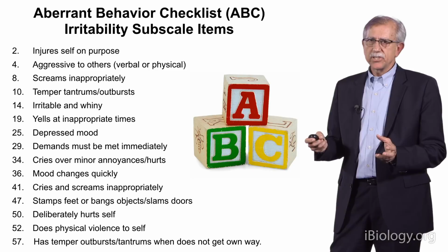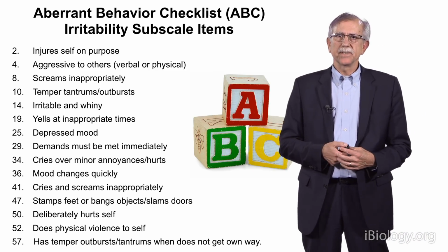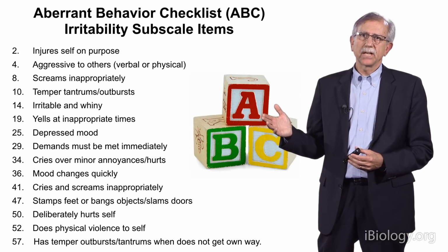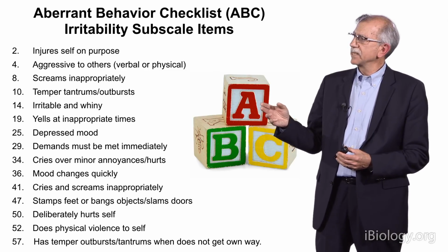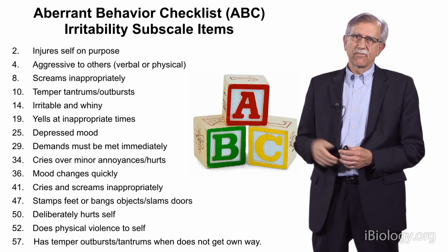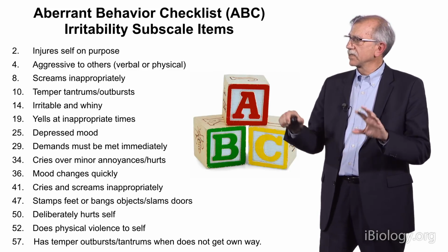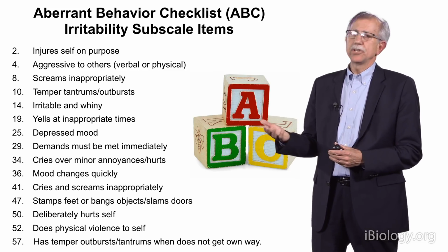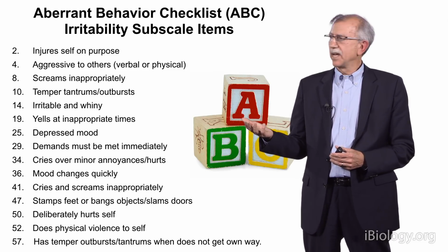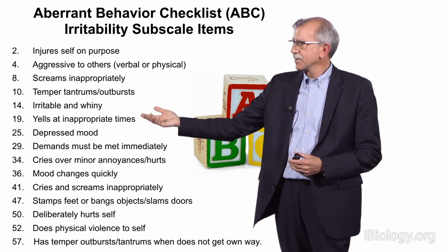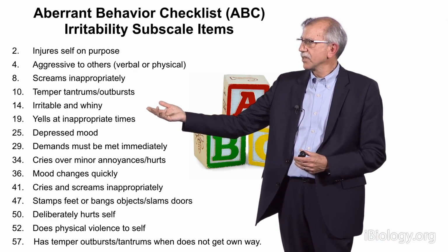One common measure that has been used in many clinical trials is the Aberrant Behavior Checklist. And it's a 58-item checklist that has a number of subscales that have been identified based on factor analysis. And this is just one of the 5 factors of this scale that's been called the irritability subscale, because many of the items suggest that there may be underlying irritability. Irritable and whiny is actually one of the specific items on the survey.